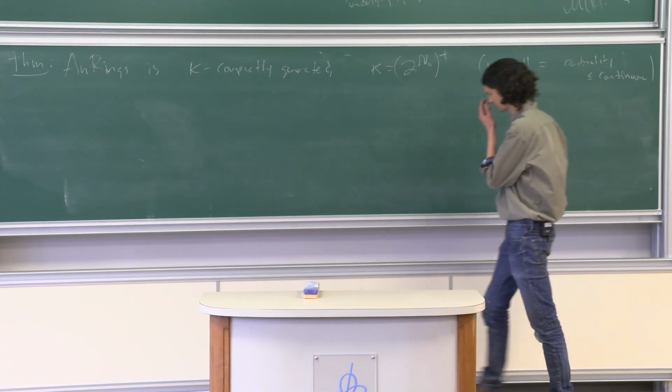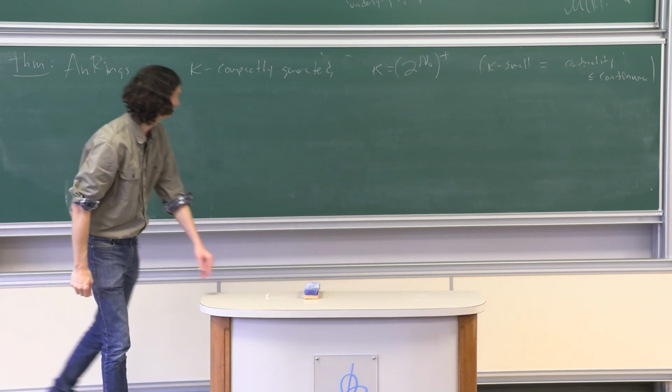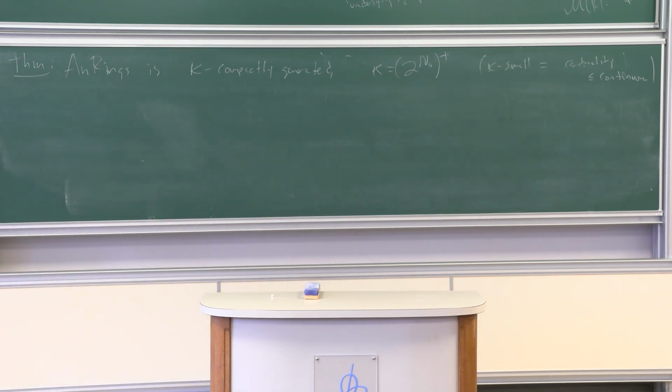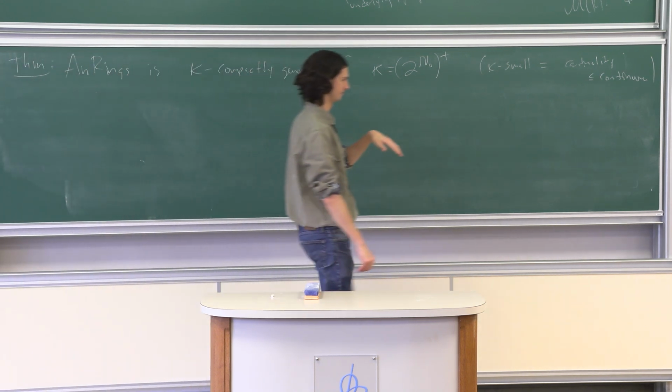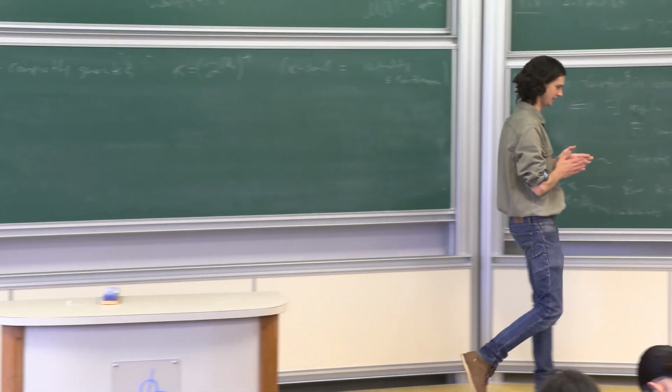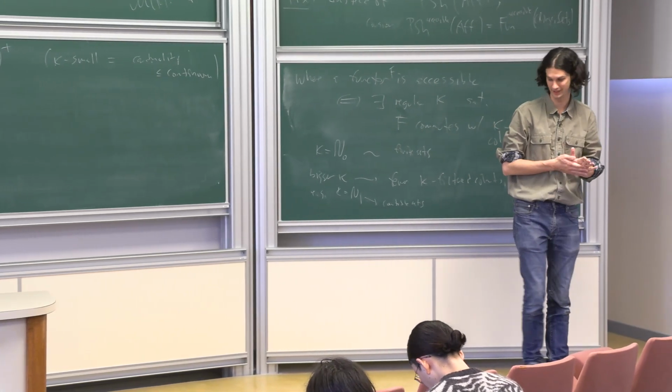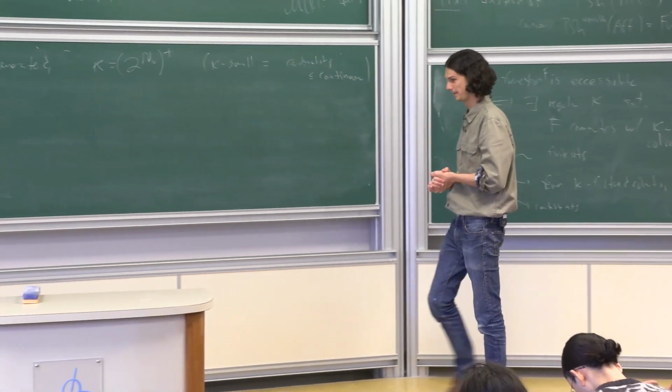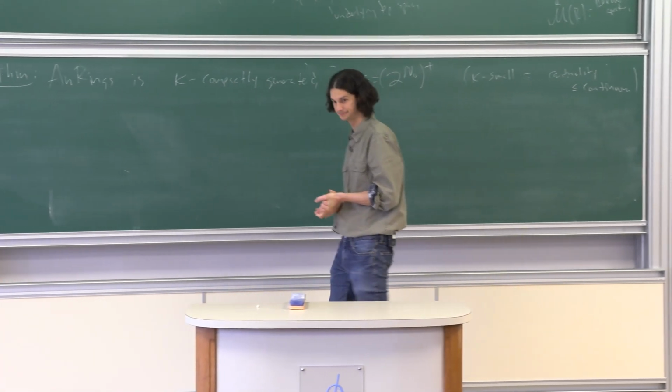So that kappa small means cardinality less than continuum. So that's what lets you kind of formally avoid all of these set theoretic difficulties involved with taking presheaves and sheaves on a big category.